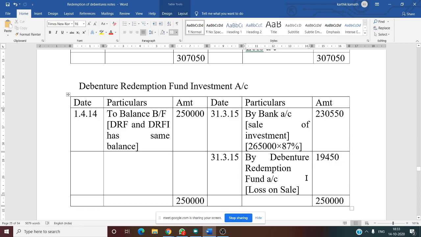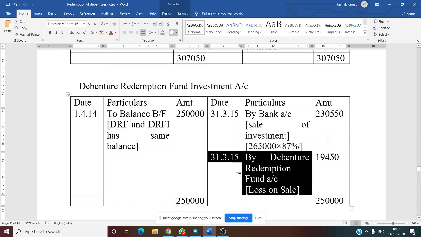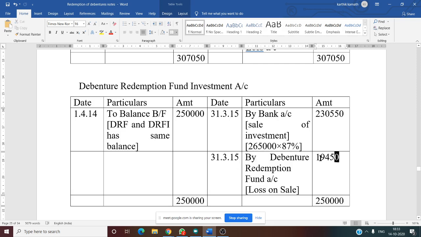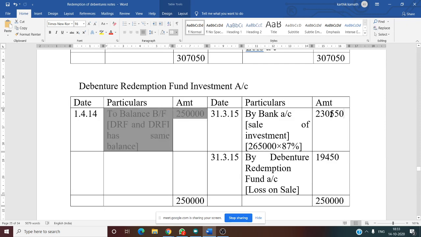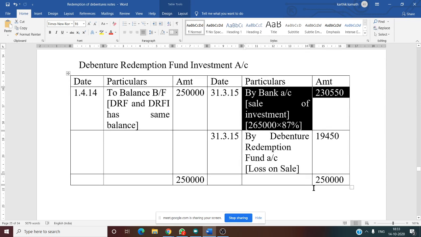That is why the last entry we have written here in the debenture redemption fund investment account is by debenture redemption fund, loss on sale 19,450. How did we get 19,450? 2,50,000 minus 2,30,550. Yes. Now we have closed the debenture redemption fund investment account, the third account.